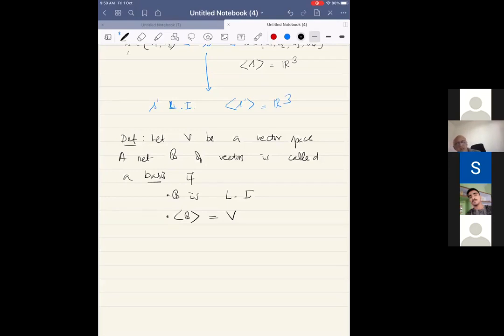I should warn you that when you deal with infinite dimensional vector spaces with more structure, like Hilbert spaces and so on, you will encounter a term called orthonormal basis for a Hilbert space. And these are linearly independent subsets, but they are not a basis in the sense of a basis that we are talking about now.